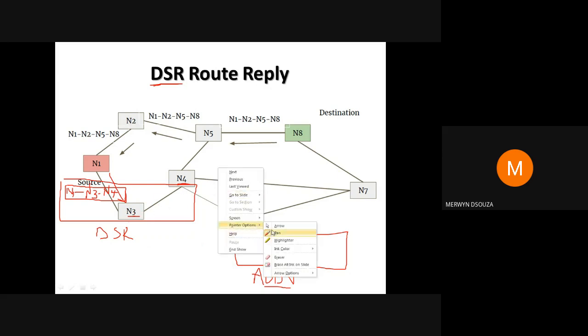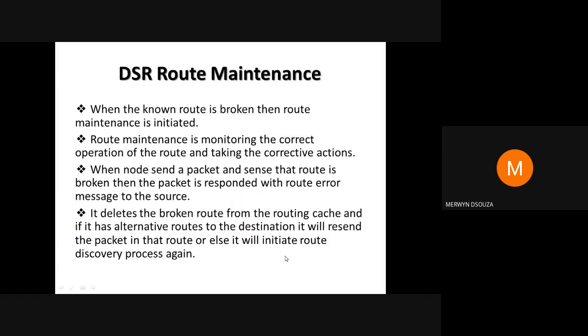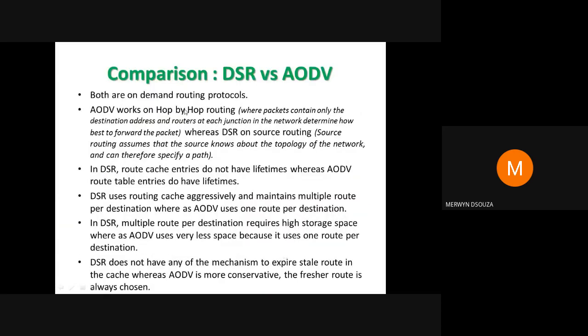That is one of the major differences. What AODV does is known as hop by hop routing. In hop by hop routing, the packets only contain the destination address, and the intermediate routers determine how best to forward the packet.